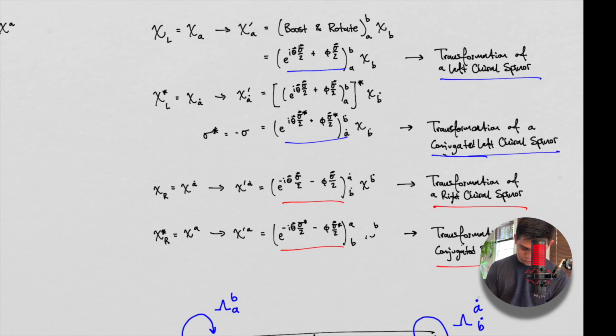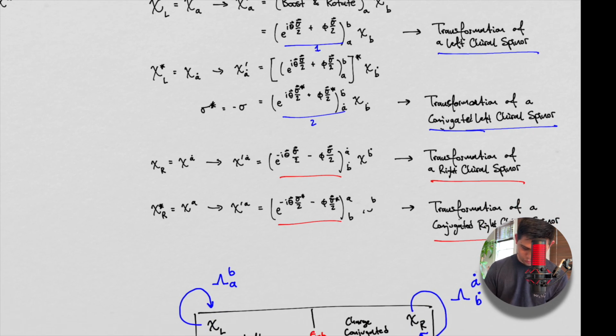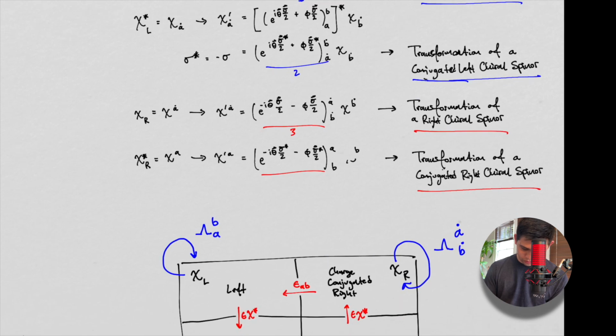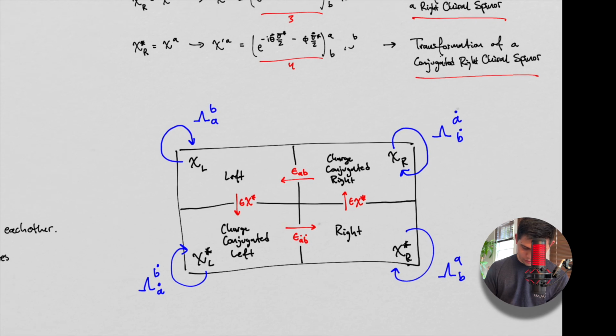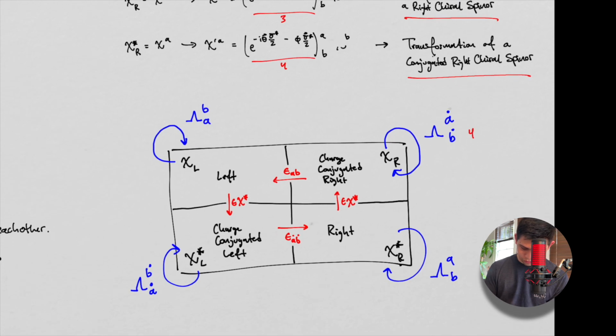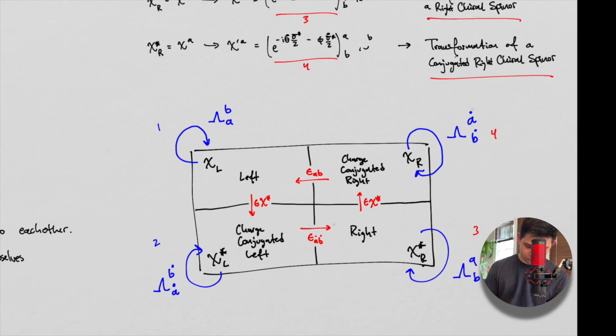So we have this guy and this guy, and then we have these two guys here. I'm going to label these guys 1, 2, 3, and 4. And so this is going to be 4. This is going to be 3. This is going to be 2 and 1.